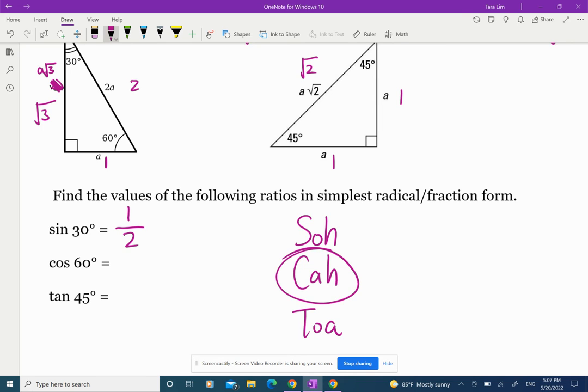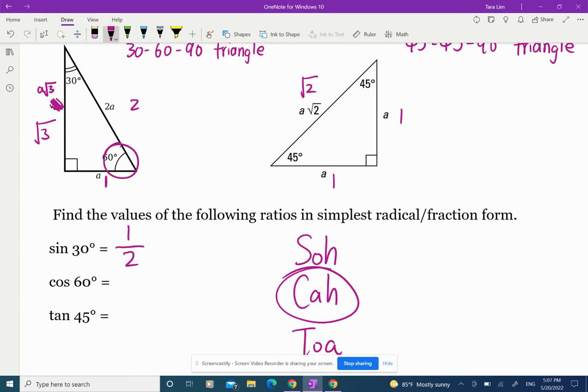A means adjacent and H means hypotenuse, so it's adjacent over hypotenuse. Remember, adjacent is something that is close to you or sticking right next to you. This is definitely the hypotenuse because it's the longest one, and the adjacent is a here. So again, it is 1 over 2.